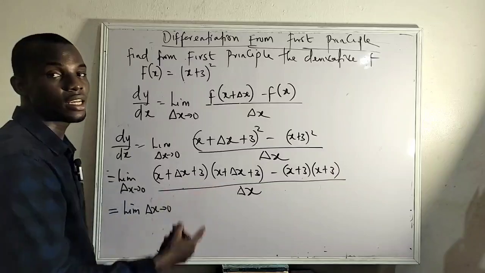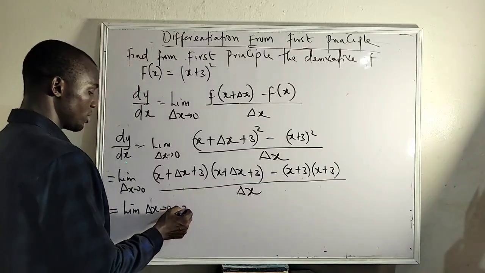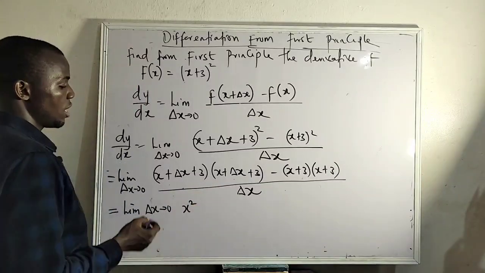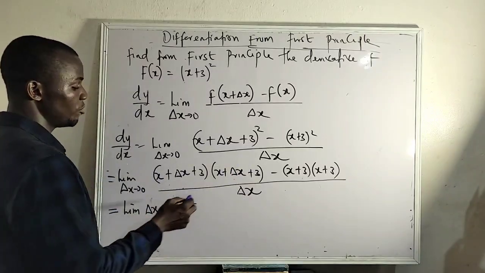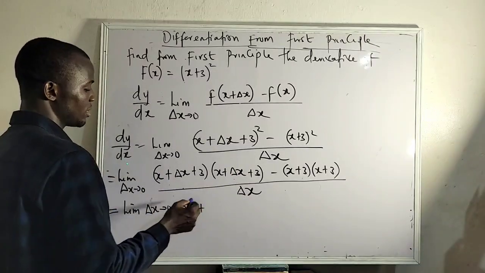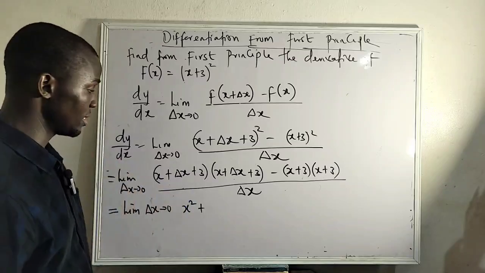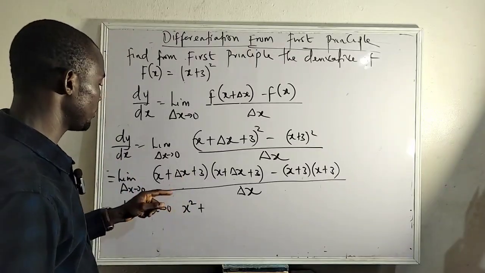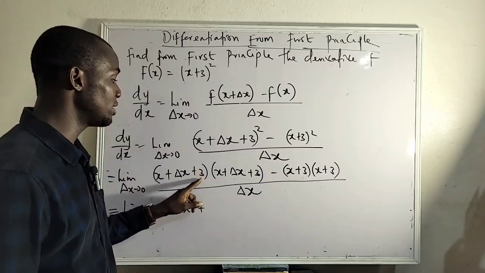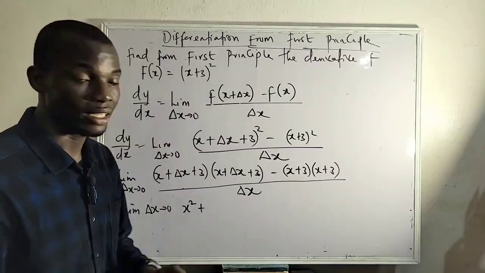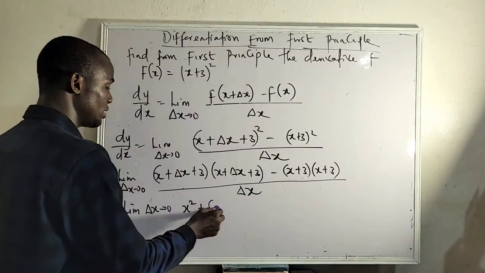X times x will give you x squared, and x times 3 will give me 3x. That will give me 3x, and when I use 3 times x, it also gives me 3x. So together that is already 6x.